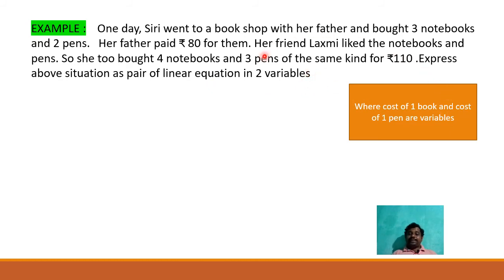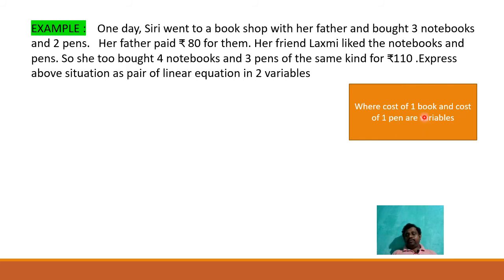Observe what the unknown quantities are here. The cost of one notebook and the cost of one pen are unknown quantities. These are taken as variables.